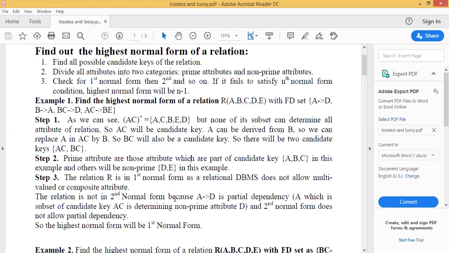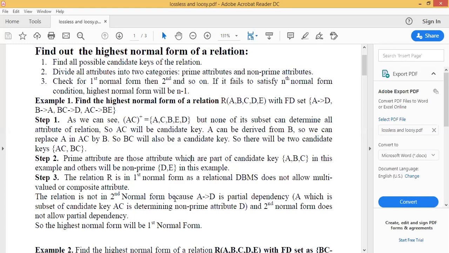It allows full functional dependency, but functional dependency A determinant D shows partial dependency, so it cannot be in second normal form. So the highest normal form will be first normal form.